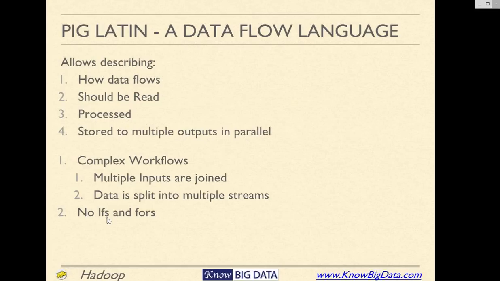So Pig is more of a data flow language. You can read the input, then you say how you will process the input, and then you put the output back into HDFS, right? Pig is very suitable for complex workflows. So Pig was primarily written for complex workflows, when you have to join multiple inputs, and when the data has to be split, etc. Pig was primarily written with the use case of complex workflows.